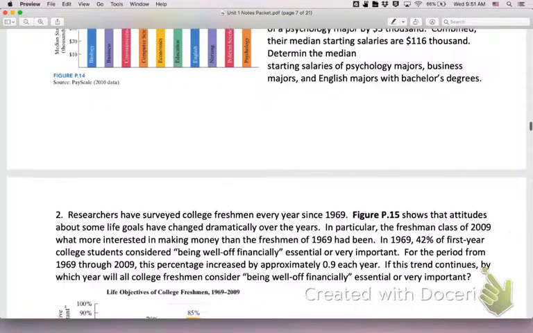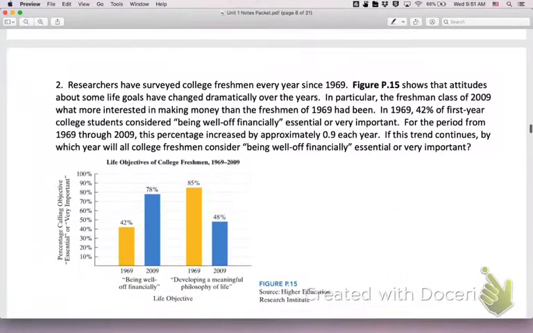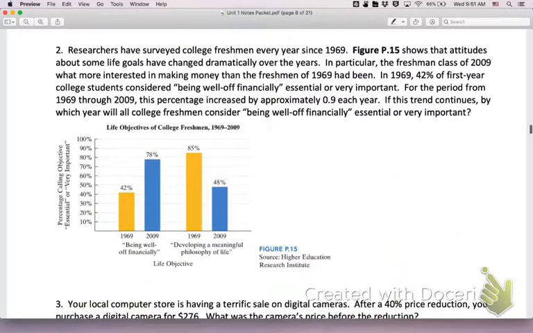Okay, let's look at a couple more in different types of situations. There's a couple of important things to notice here on number 2, even though the math isn't particularly hard. So it says researchers have surveyed college freshmen every year since 1969. The figure shows that attitudes about some life goals have changed dramatically over the years. In particular, the freshman class of 2009 were more interested in making money than the freshmen of 1969 had been.